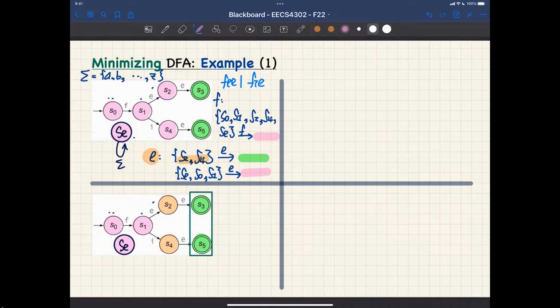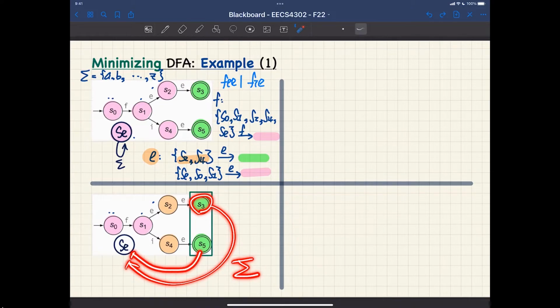Okay, in this case, we don't really split because implicitly, any alphabet character from S3 is going to the error states. Also, any character from the alphabet from S5 is also going to here. They go to the same partition.